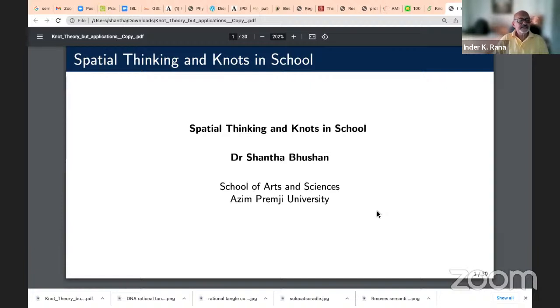She is interested in math education at present, obviously. She is at Azim Premji University, so highly interested in math education. Her current project is to create resources for tactile and visual learners at the school and college level.